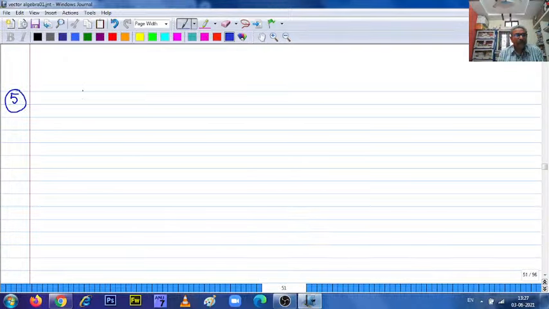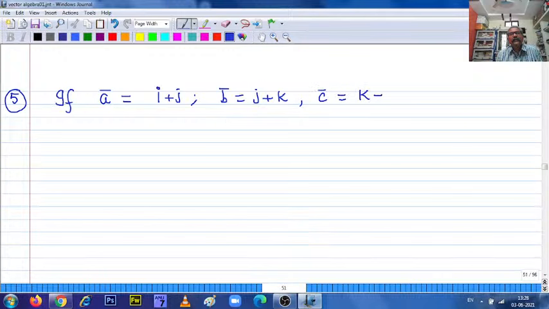Fifth one. If a bar equals to i plus j, b bar equals to j plus k, c bar equals to k plus i, then unit vector, right?